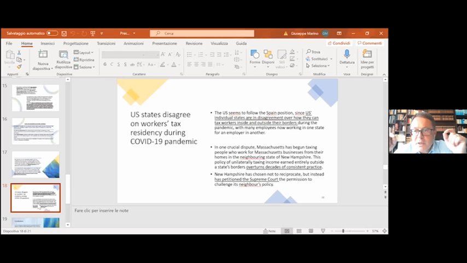Nevertheless, if you look within the United States, the various states are fighting each other to understand where the managers should be located, because we all know that many managers went down to Florida to make their lockdown.